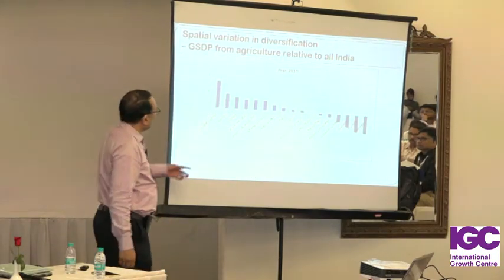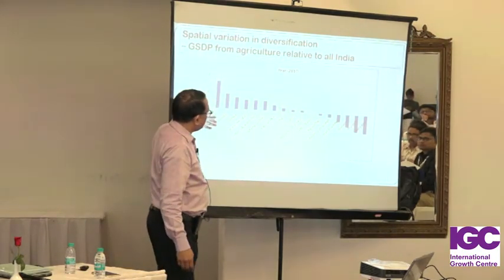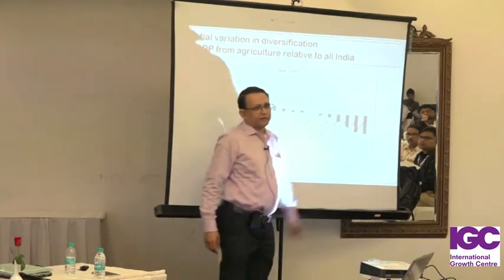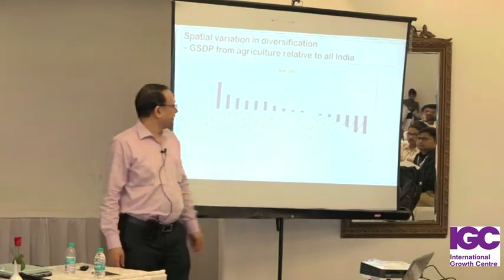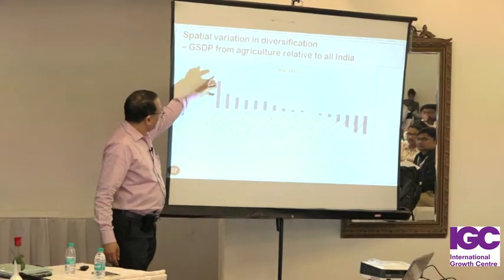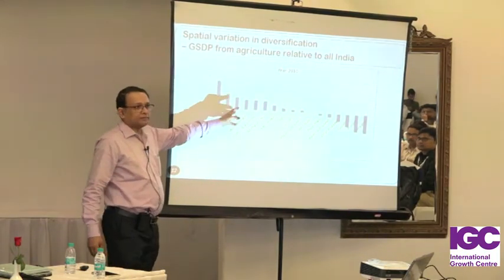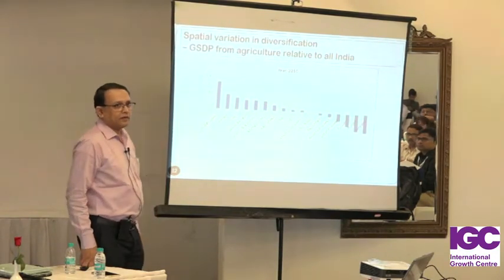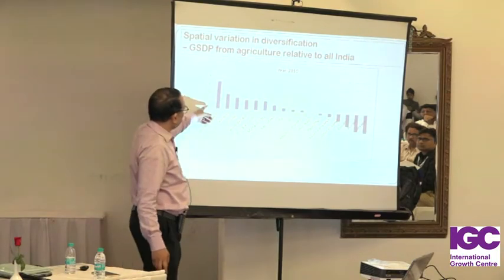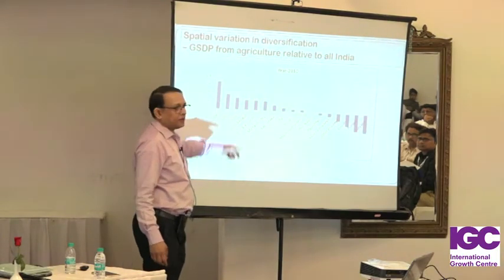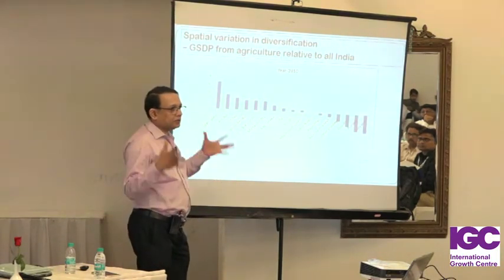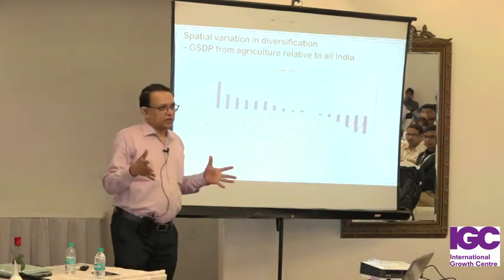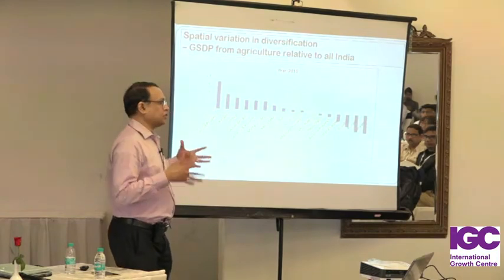Not surprisingly, you find Punjab and Haryana far less diversified than the all India mix, whereas Himachal and Kerala have a highly diversified product mix. So these are some of the states with a good amount of diversification, because the agroclimatic conditions are suitable and they are also doing that.